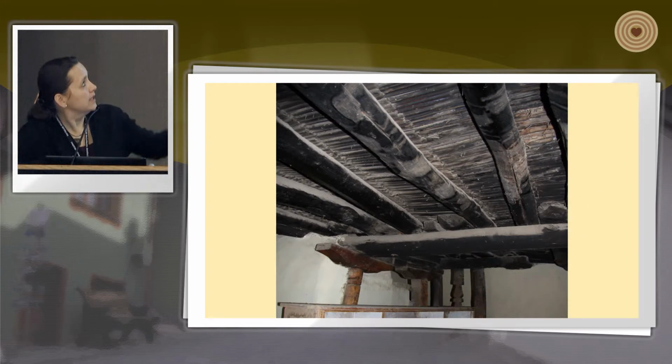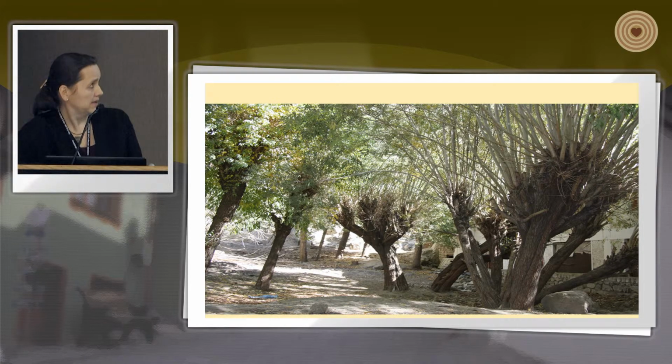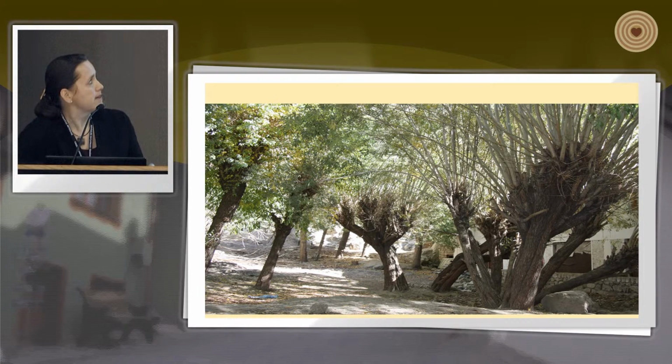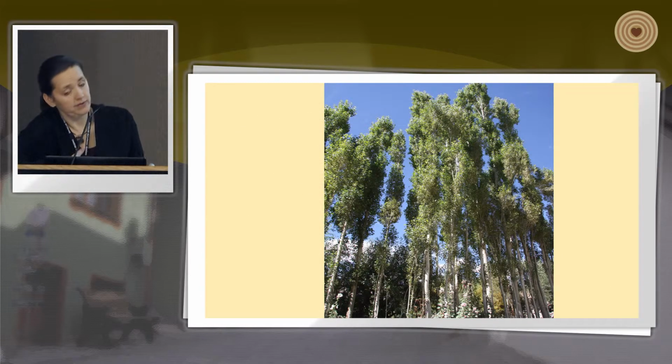Here you have the ceiling with these little sticks, and those are willow. You see, this is a willow tree, they are coppiced, and then from the shoots they make these little sticks for the ceilings. Poplar also.